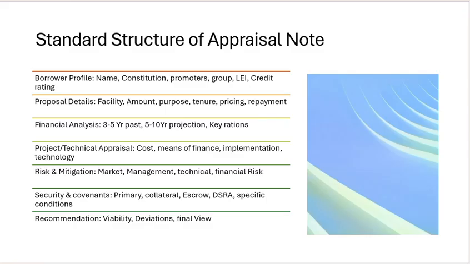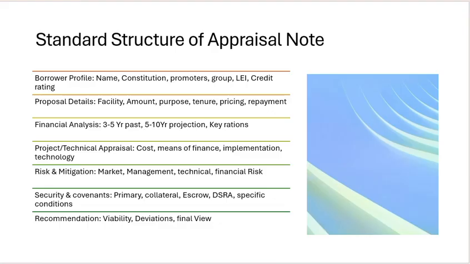In the borrower profile, we need to write the name of the borrower, the constitution to which the borrower belongs, and the promoters: who they are, their profiles, history, details of the directors, and the ultimate beneficial owners, and the purpose of the project. Also the groups involved in completing the project, like the EPC contractor, the operation and maintenance contractor, the main borrower, or the project sponsor.